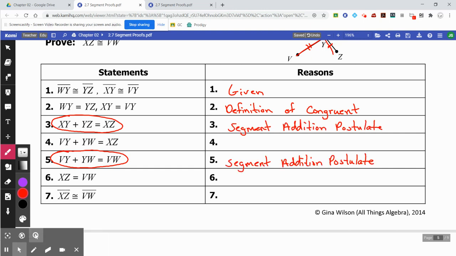Now here's where it's a little bit different, and I kind of like the way they do it in this one rather than the previous ones. It makes more sense. What they're going to now do is take this XY plus YZ, which is equal to XZ.